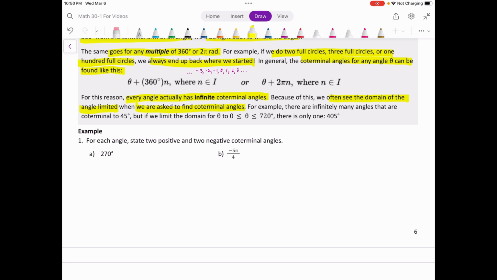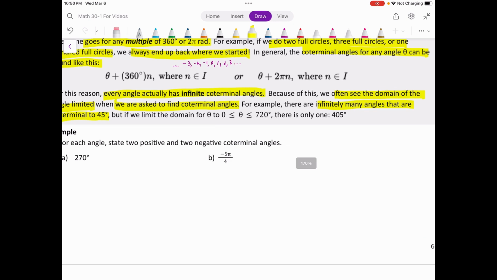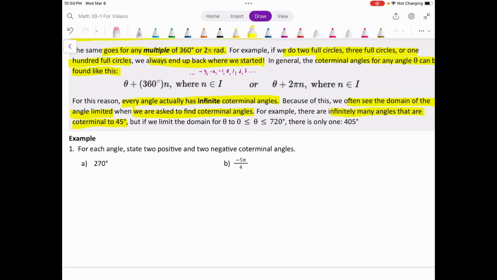So for example, there are infinitely many angles that are coterminal to 45 degrees, right? We could just keep adding 360s or subtracting 360s forever and ever and find more and more angles that are coterminal to 45. But if our domain has been limited, so if we limit the domain for theta, and it is a domain because theta is often our independent variable here, standing in for x kind of, okay?